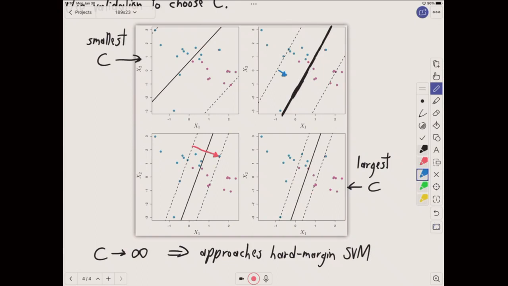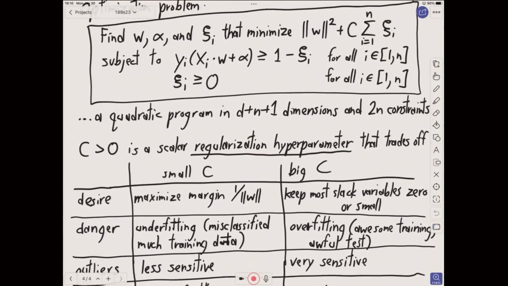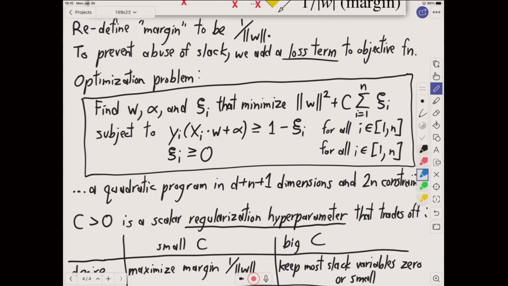Is it possible to have powers other than 2 over the norm of W? You could. I don't know if people have explored this much. There's no reason in principle why you couldn't replace the W squared with W to the 4th power.